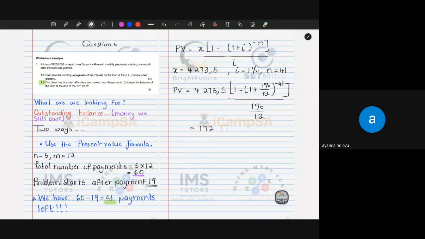Okay, so you said 2,172, and then 183.56. Let's make it one decimal place and make it 2,172,183.7. So when you punch these on your calculator, this is what you get.